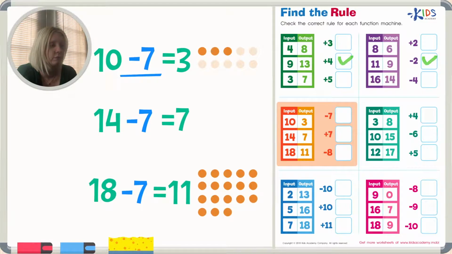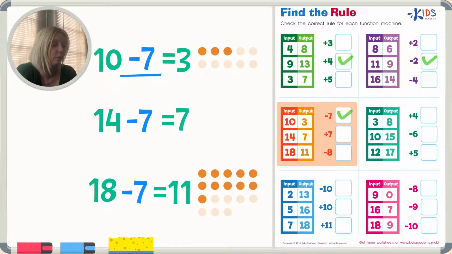Now we're going to subtract 7, so count with me. 1, 2, 3, 4, 5, 6, 7. We should be left with 11 if this is correct. So we've got 5 plus 5 is 10, plus 1 is 11. So that is the correct answer. It is minus 7. So I'm going to put a check right over here.